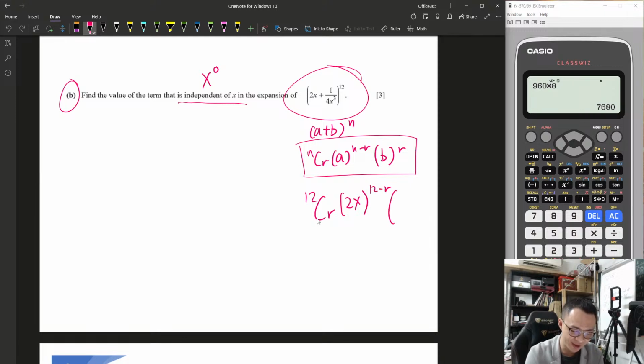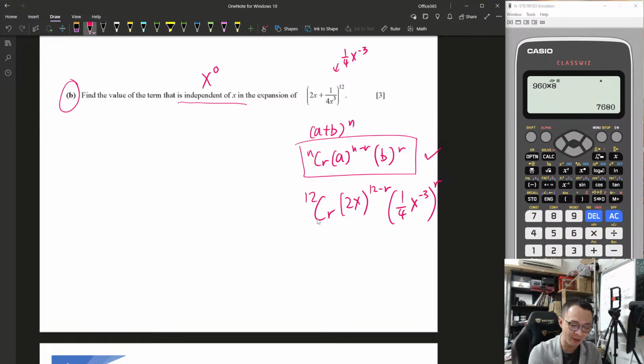And then this one is 1 over 4x cubed, I will split into 1 over 4 times x to the negative 3, because 1 over x cubed means x power negative 3, right? Power of r.